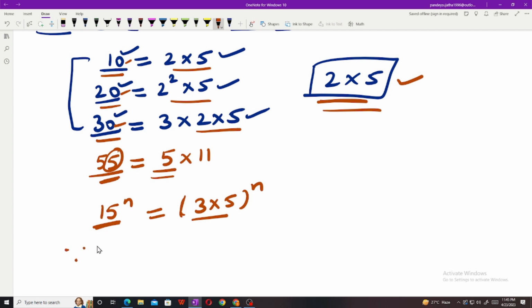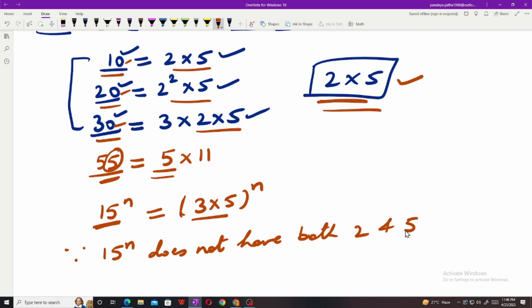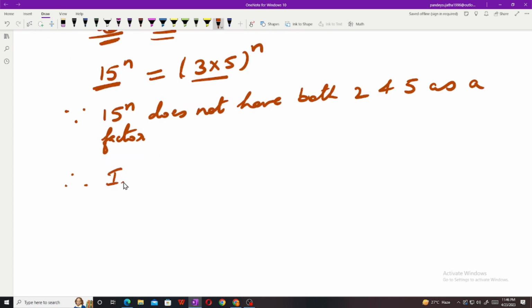So write this way: since 15 to the power of n does not have both 2 and 5 as a factor, therefore it does not end with the digit 0.